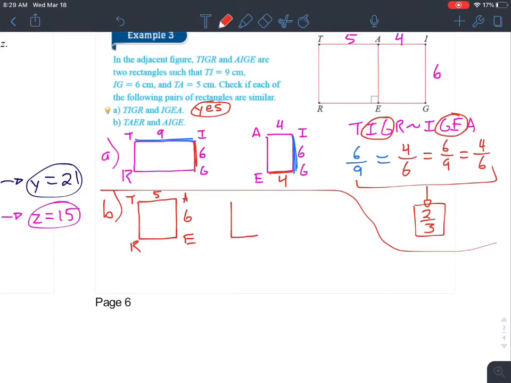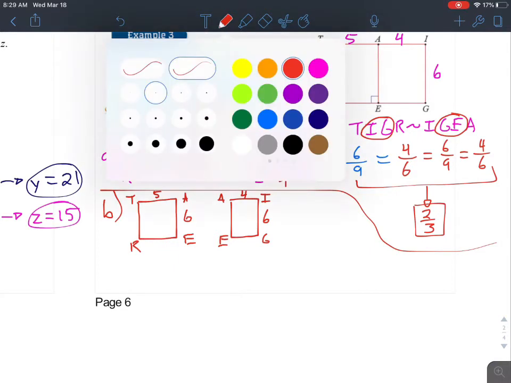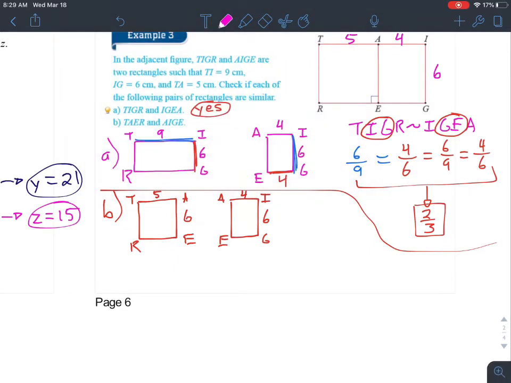And then for the second one, AIGE, that one had a width of 4 and a height of 6. And immediately looking at these two rectangles, I can tell that these will not be similar.